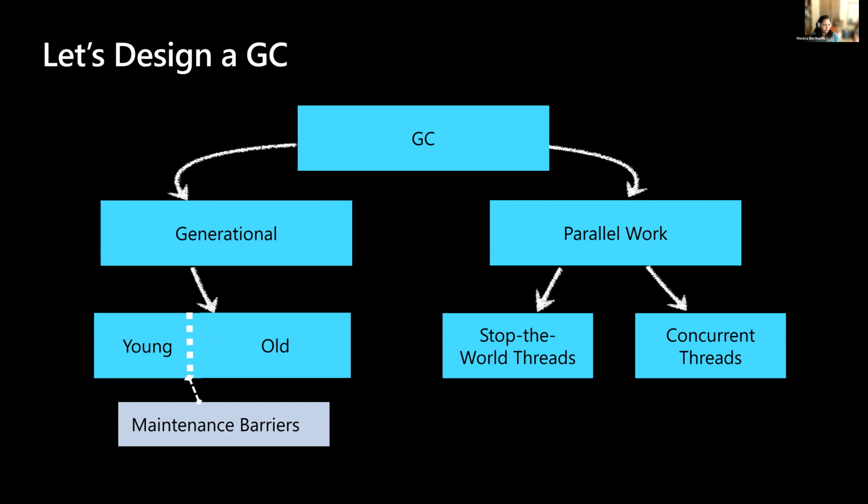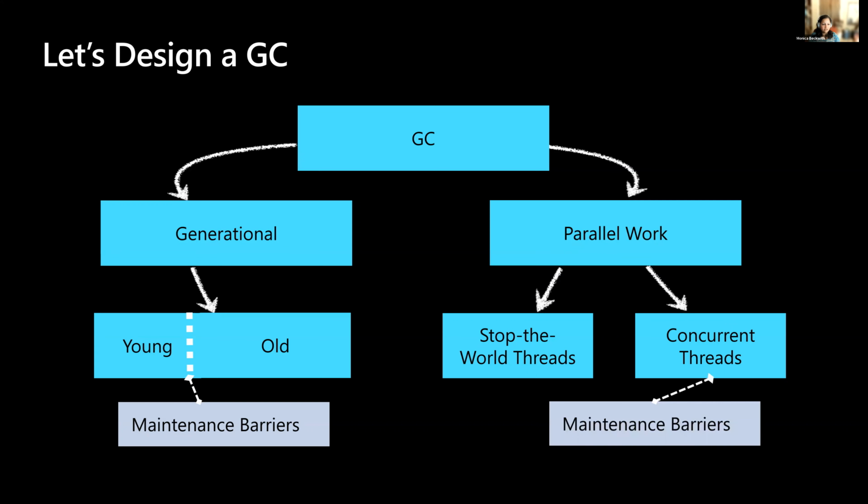But when you're working along with your application threads, there is something called barriers, because now the application thread can be mutating the live object graph at the same time as you're trying to keep track of live objects. First of all, you don't want your GC to ever lie. You want it to give you the exact count of live objects.